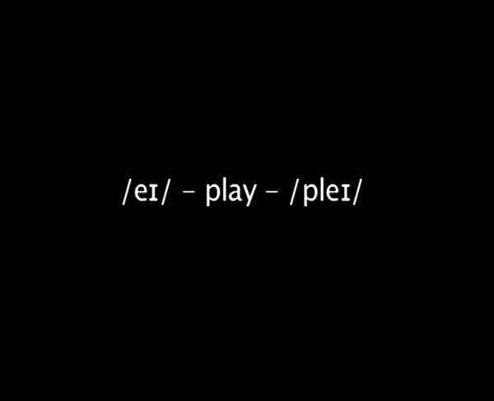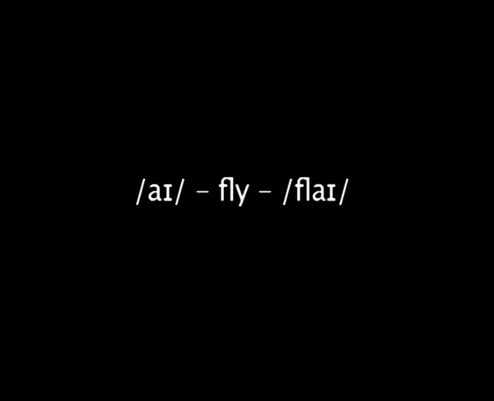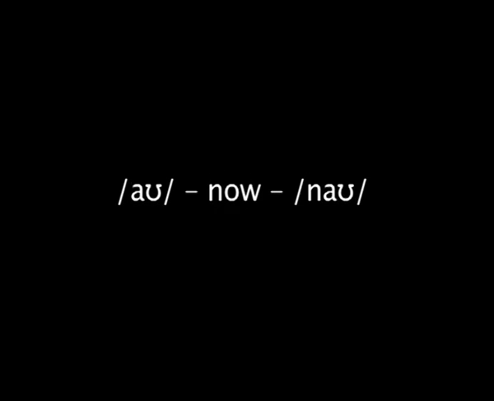First, we have ay as in play, we have eye as in fly, we have oi as in boil, we have ow as in now, we have oh as in go, then we have ear as in fear, we have air as in fair, and finally we have oor as in poor.